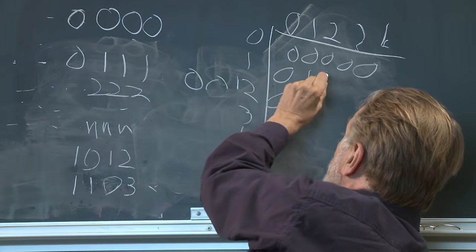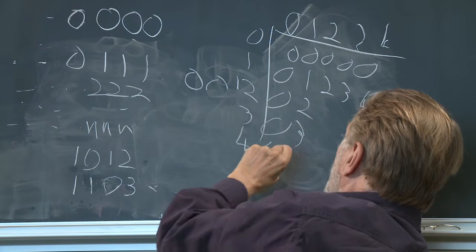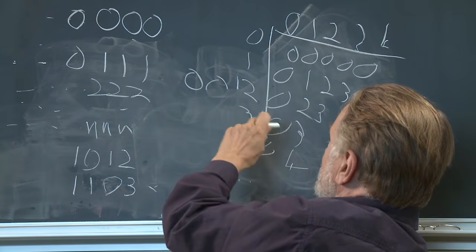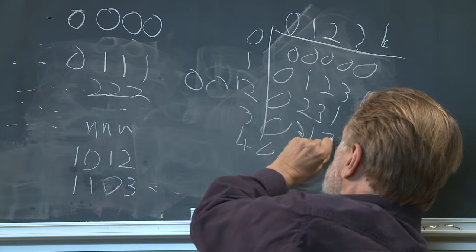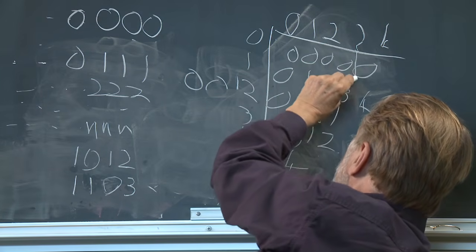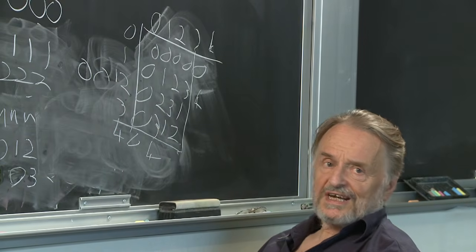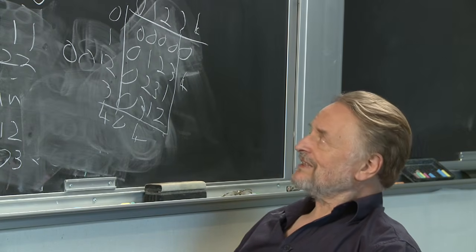And so does 1. But 2 2s, as I said, are 3. 2 3s are 1. And 3 3s are 2. So that little part there is closed. If you take any 2 of 0, 1, 2, and 3, the product is 0, 1, 2, or 3.